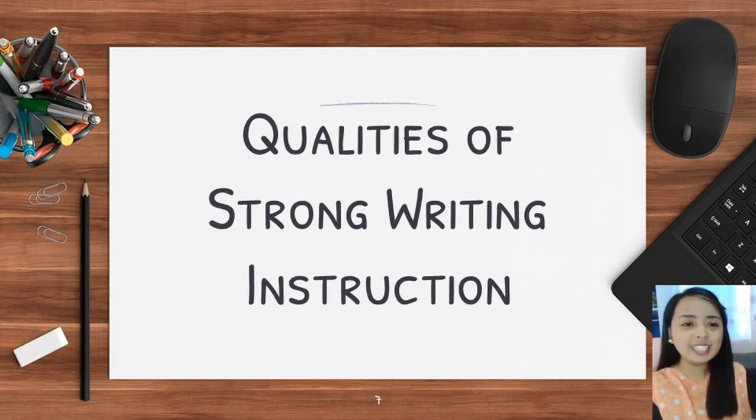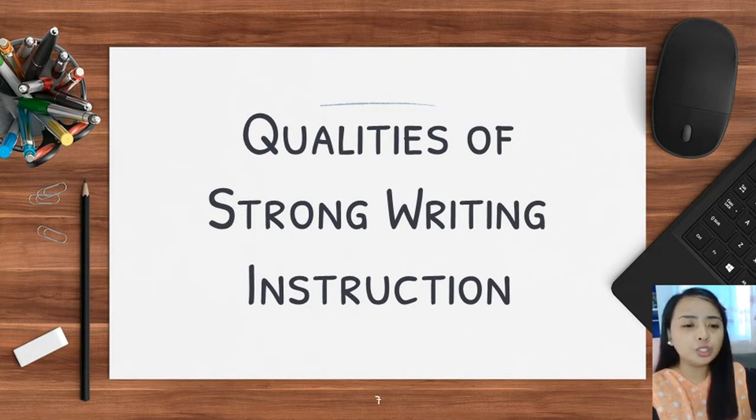Next, the qualities of strong writing instruction. In order for teachers to support all students' writing ability development, certain qualities of the writing classroom must be present. The core components of effective writing instruction constitute the foundation of any good writing program.